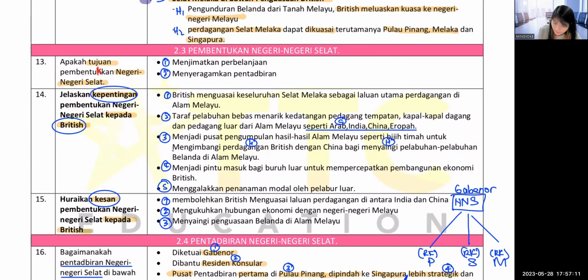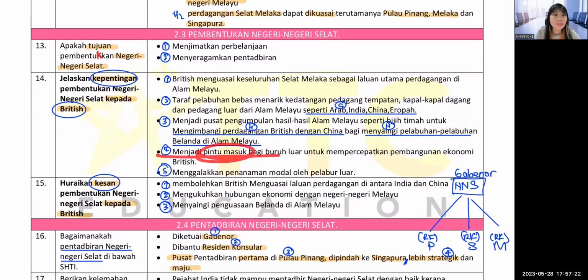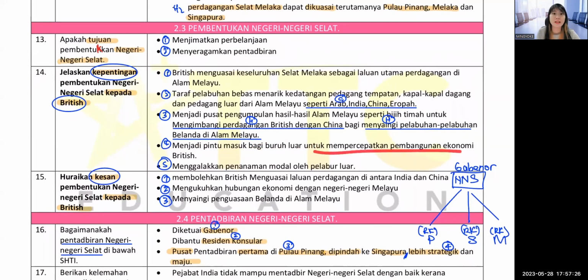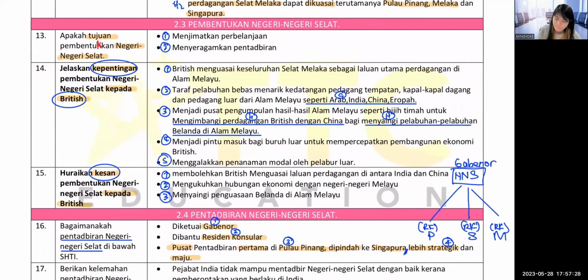Yeah, this one is balance China-British. This one is compete with Belanda. Then they also become what? An entrance for all the foreign workers. Eventually fasten our business. Mempercepatkan pembangunan ekonomi. Huraian. And last, encourage penanaman modal.